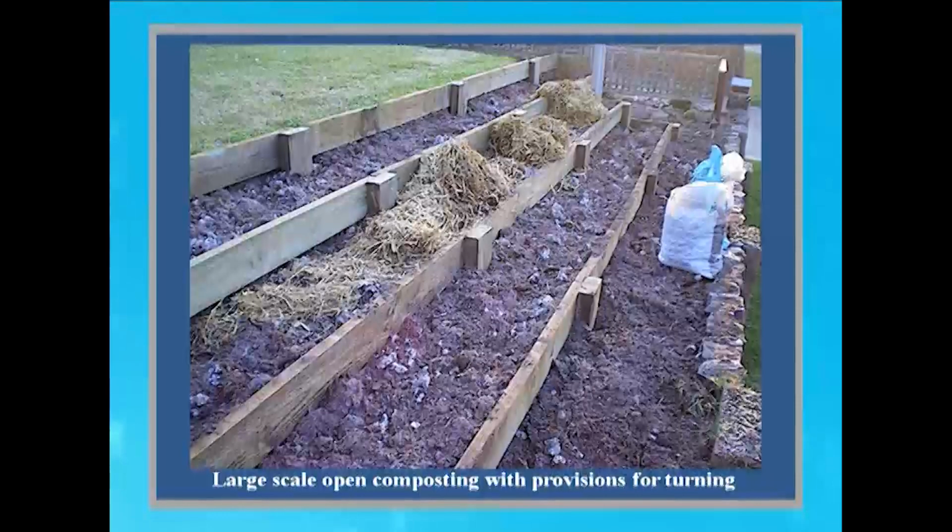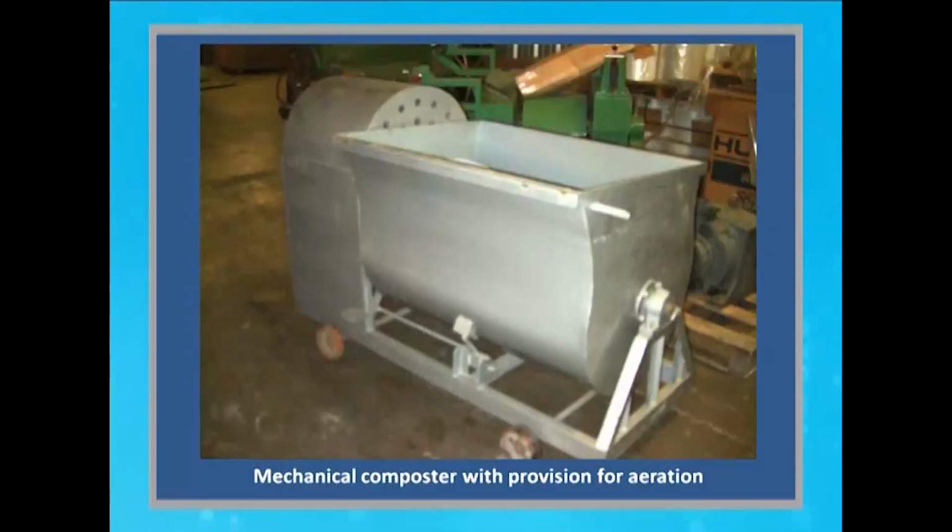This is how we do composting: mixing the compost, turning it and making it suitable for the fungi. Composting is sometimes done in a mechanized manner. This is a typical machine, called mechanized composting, by which we can use a motor so that this churning is done automatically.